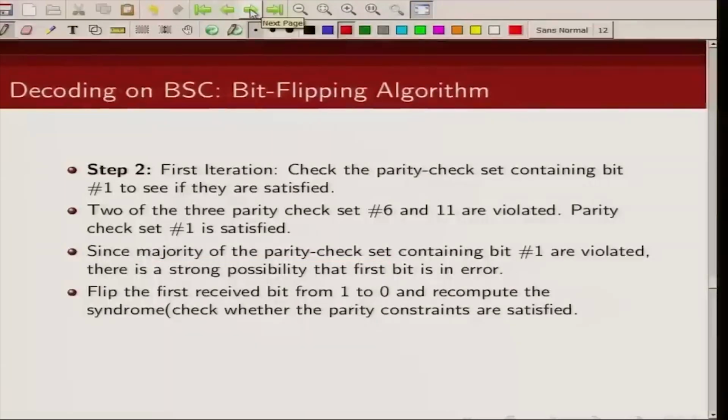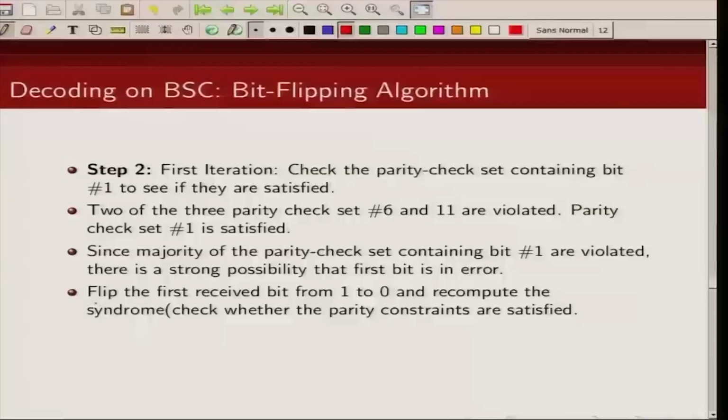So what do we do if the majority of them are saying they are not satisfied? We are going to flip that bit.